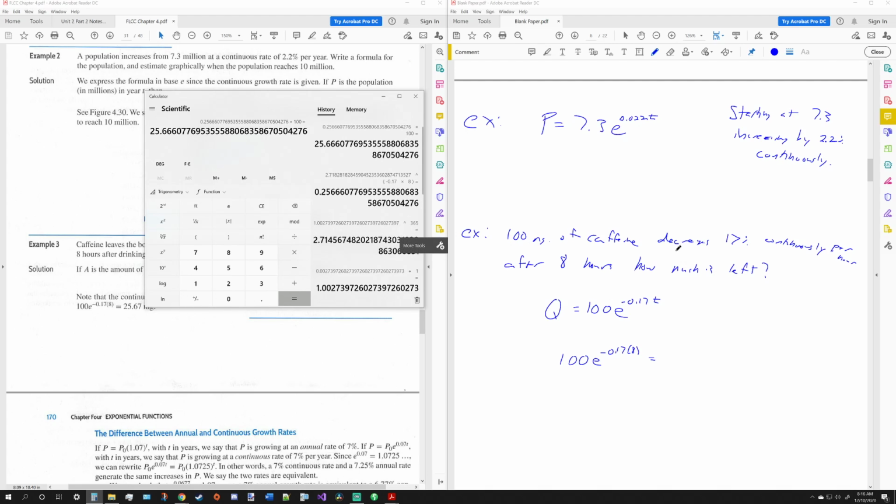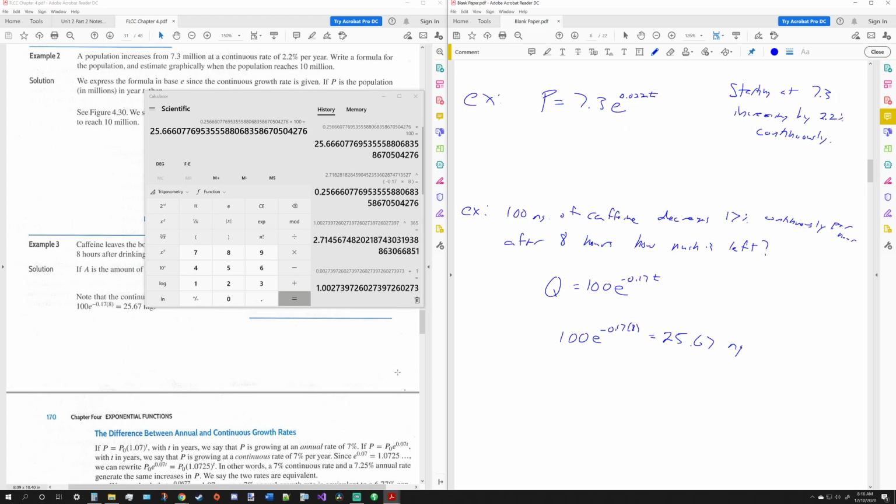So it looks like I'm ending up with about 25.67 milligrams, which would be the answer there, if I did everything correctly, which I think so. All right, seems like a reasonable answer.